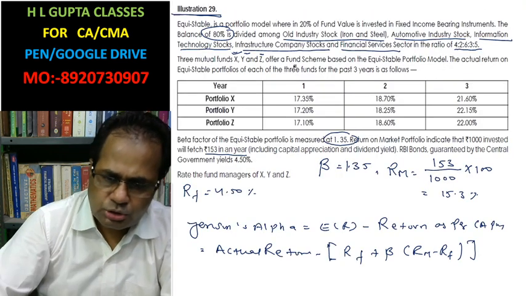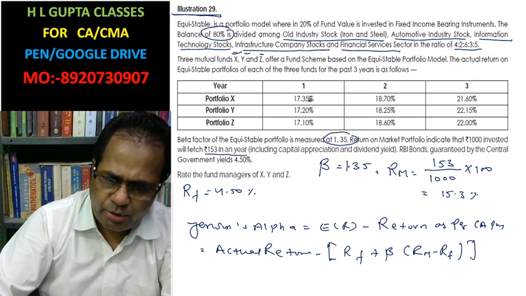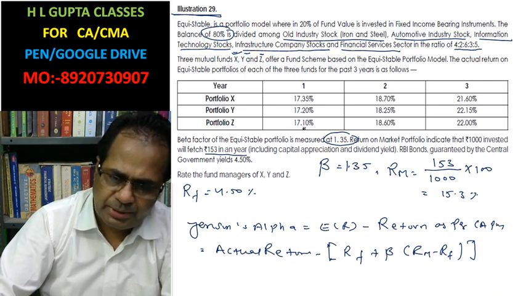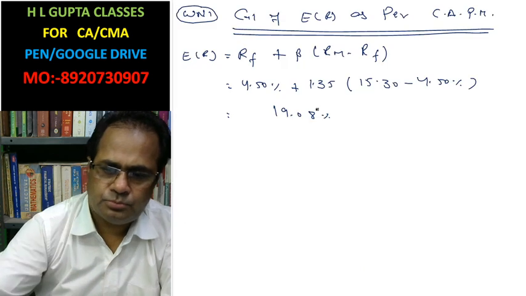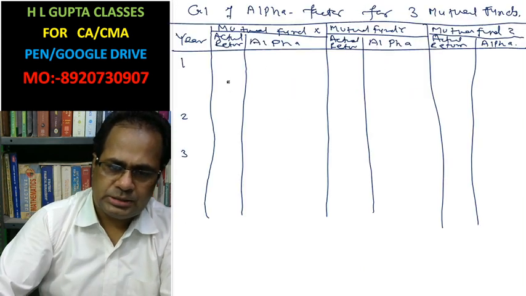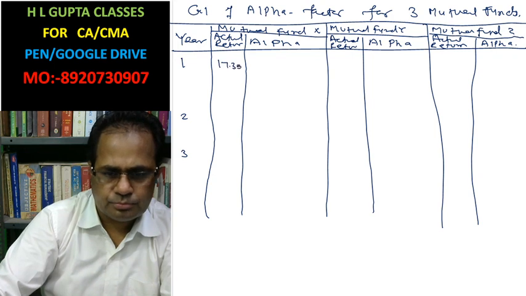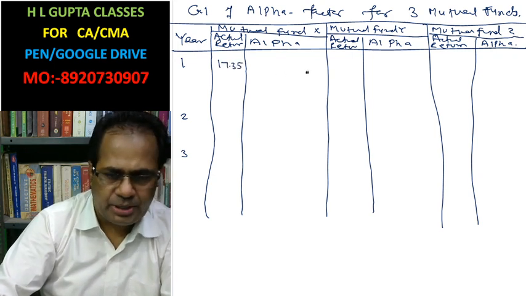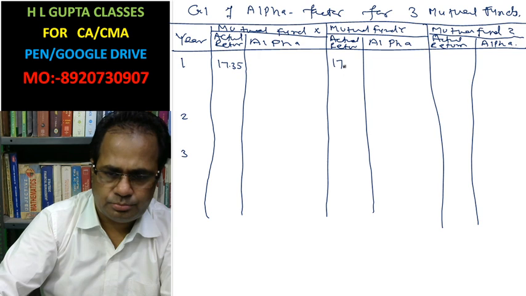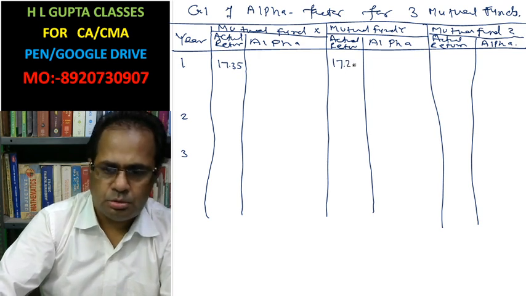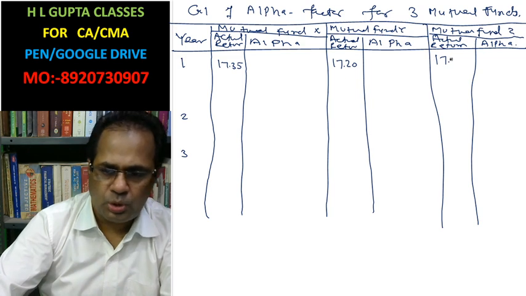In the given question, these are the actual returns of the first year: 17.35, 17.20, 17.10.